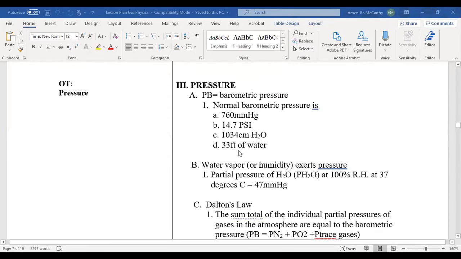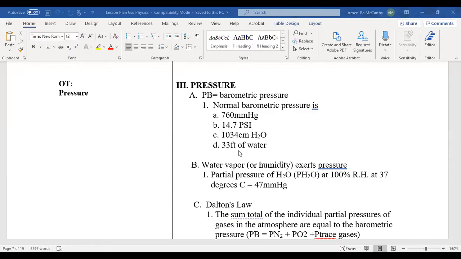Now we're going to get into the alveolar air equation, to understand each and every component of it. First thing they talked about was the barometric pressure. We know that's the pressure at sea level, which is about 760 millimeters of mercury. But then we said that water vapor also has a pressure. Water vapor, also known as humidity, exerts its own pressure.